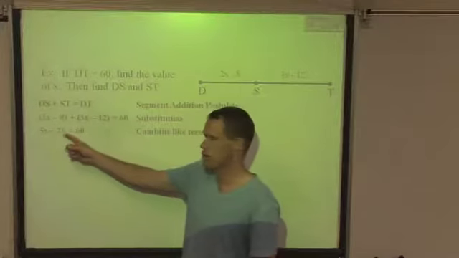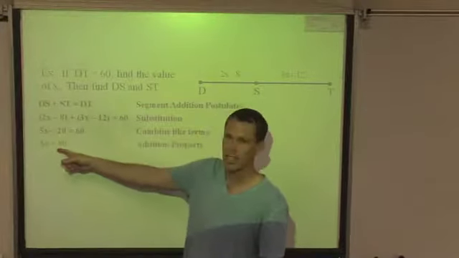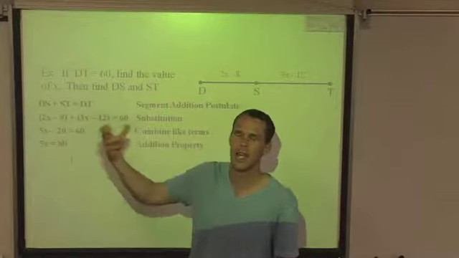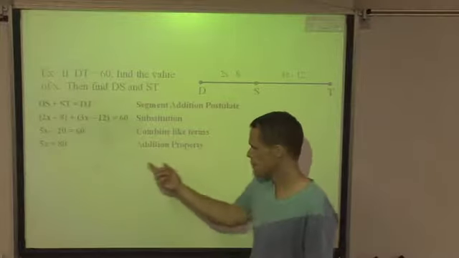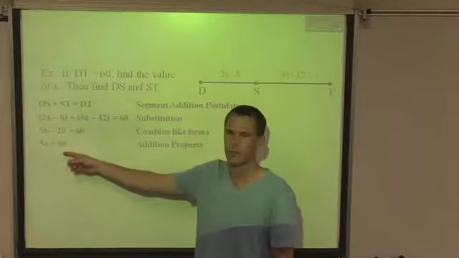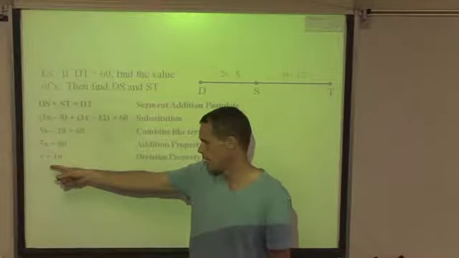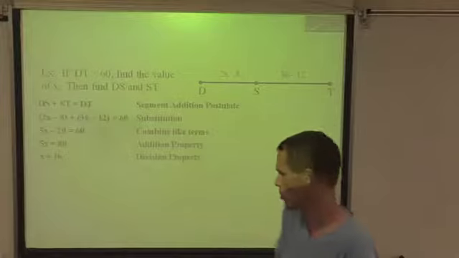If 5x minus 20 equals 60, then 5x is equal to 80 because I added 20 to both sides. That's the addition property. Now 5x equals 80. If 5x equals 80, then x equals 16 because I divided by 5 on both sides.